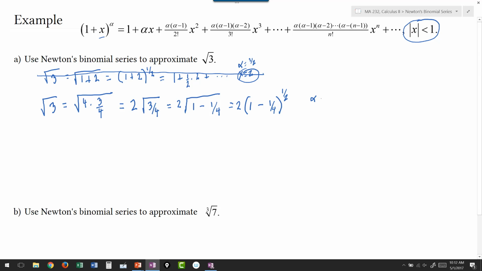And now I've got alpha equals 1/2 and x equal to minus 1/4. And that means I can use the binomial series. So this is 2 times what I would get if I plug in x equals minus 1/4 and alpha equals 1/2 into the series.